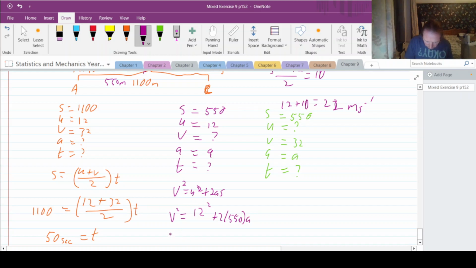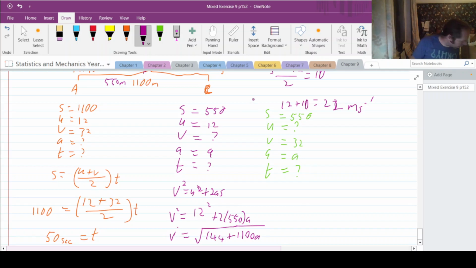So the final velocity there is the square root of 144 plus 1100a.